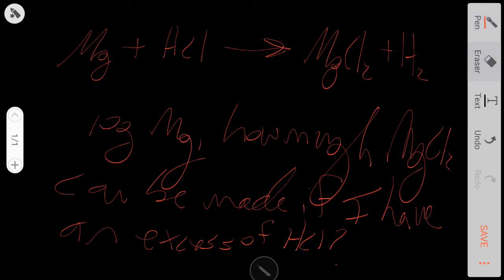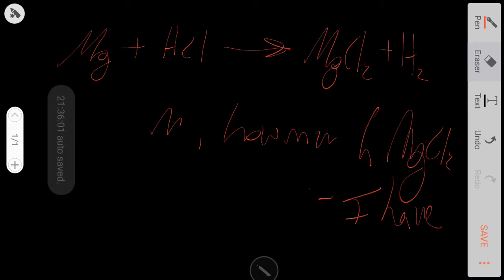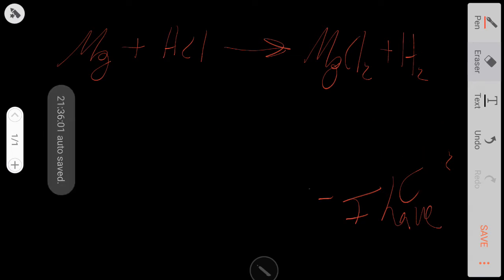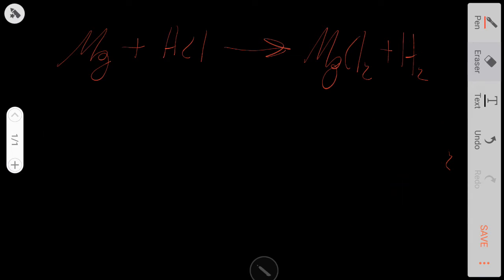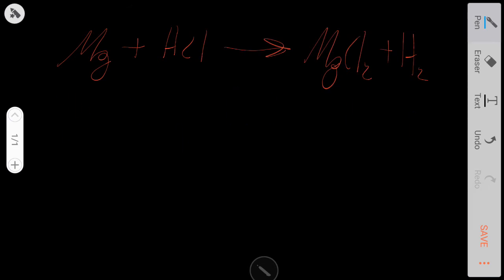All right. To do this, I have a 4-step easy method that I had you guys do in class several times. But before I even begin that 4-step method, I want to calculate the molar masses of my products and my reactants. So looking at a periodic table, I'll see that Mg is 24.3 grams per mole.